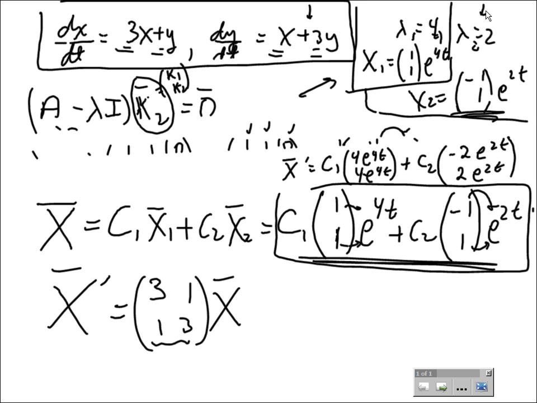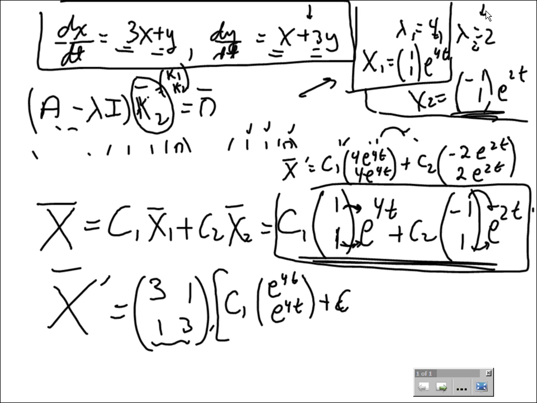And we actually worked this out. That's exactly what we're going to get. And let us actually do that. We have c1 times, I'll actually write it down, e to the 4t, e to the 4t. I just multiplied the 1's by e to the 4t.